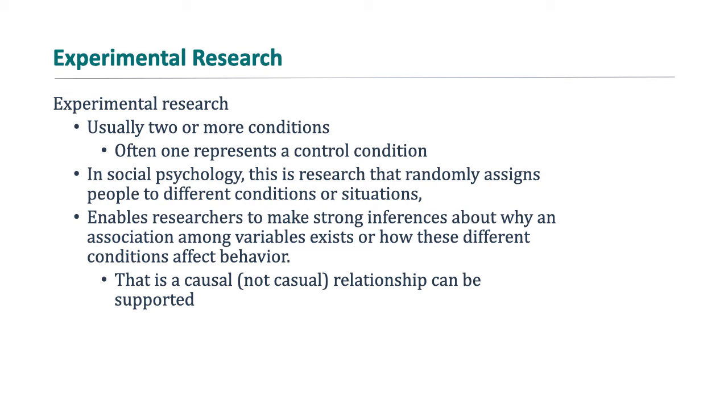There's a presumption that many other factors that could be possibly different between the two conditions have been controlled to make sure they're essentially equal or actually equal, and the only real difference between the two groups is the specifics of the relevant manipulation. We can therefore establish that there's a causal relationship that can be supported, not casual, causal. Notice where you put the U really matters in the two words.